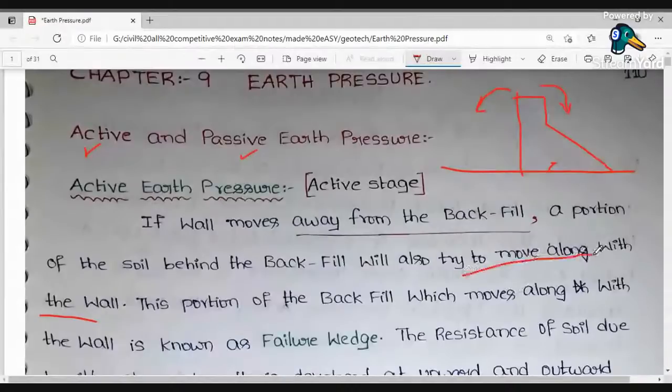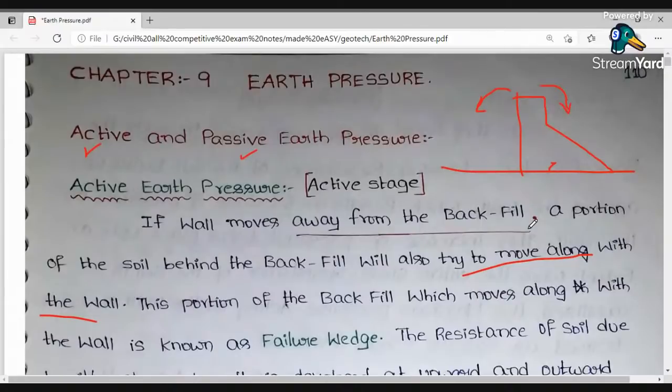Okay, যেতিয়া active earth pressure হয়, at that time a portion of the soil behind the wall will try to move along with the wall. The portion of the backfill which moves along with the wall is known as failure wedge. So যিটো portion wallৰ লগত move কৰে, that is nothing but failure wedge.